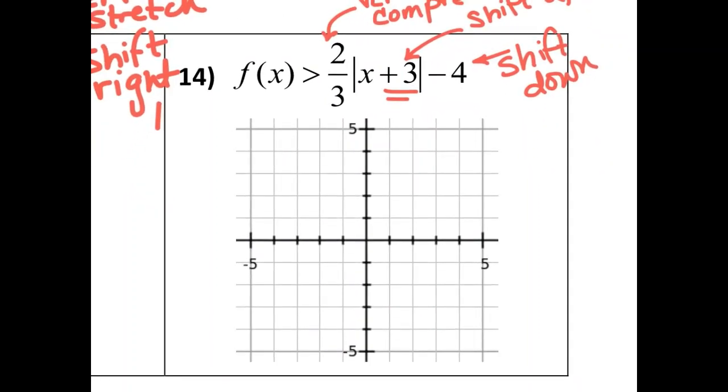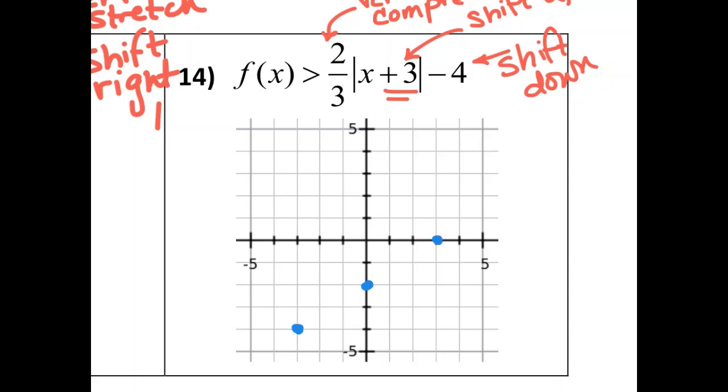So I'm going to start by shifting my vertex 3 to the left and 4 down, and so my new vertex is at (-3, -4). There's no flip here, so when I draw my slope, I'm going to be going up and to the right. So up 2 and to the right 3, up 2 and to the right 3.